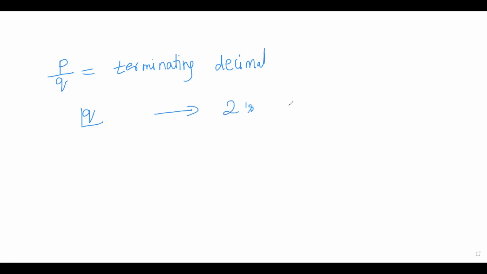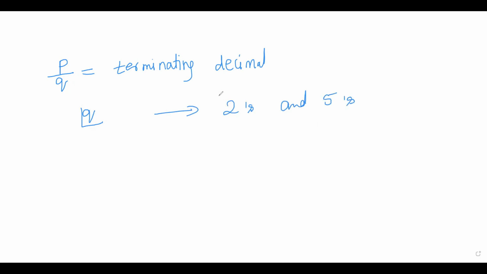So when you convert a rational number, if you are getting a terminating decimal, the condition is the prime factorization of the denominator should contain only 2s and 5s.